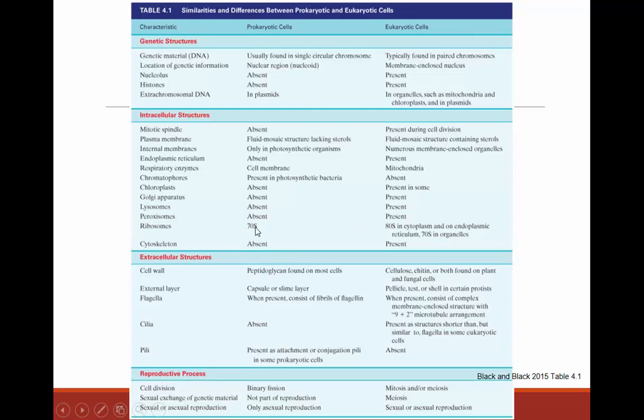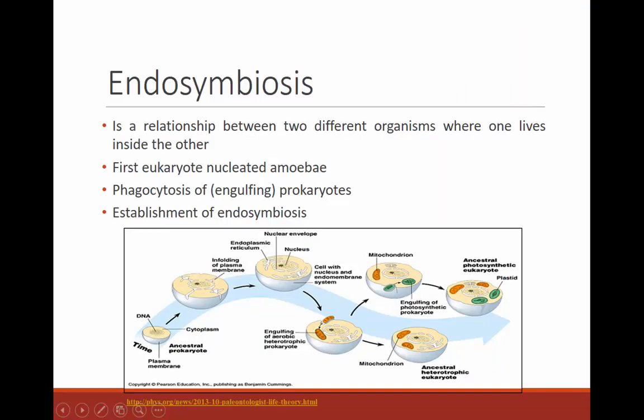Now, if we look at ribosomes, you'll remember that we had the 70S in prokaryotic cells, and in eukaryotic cells, you've got an 80S in cytoplasm and on endoplasmic reticulum, but 70S in organelles. Okay, so just keep that in the back of your mind, because we want to know how the 70S organelles got in there.